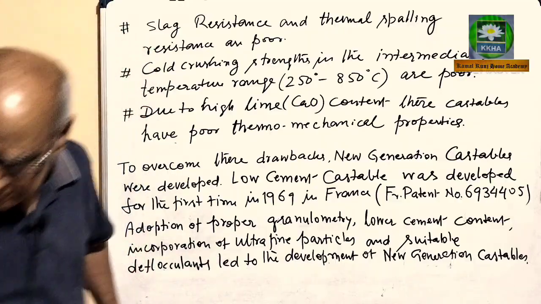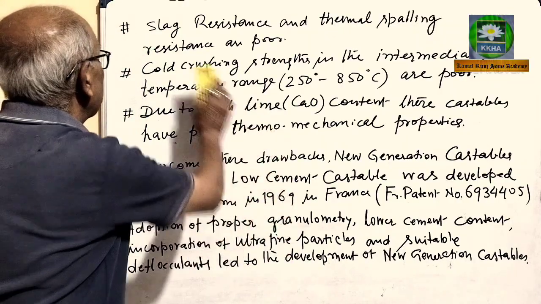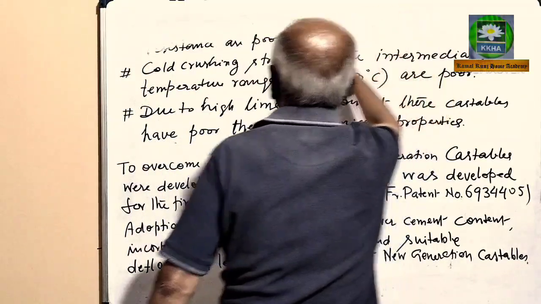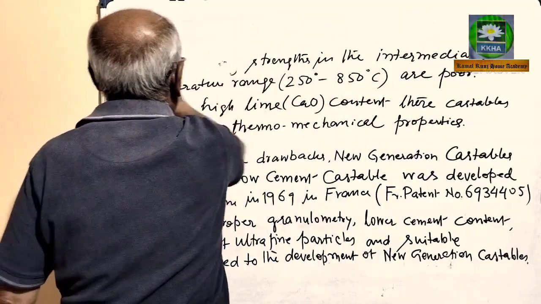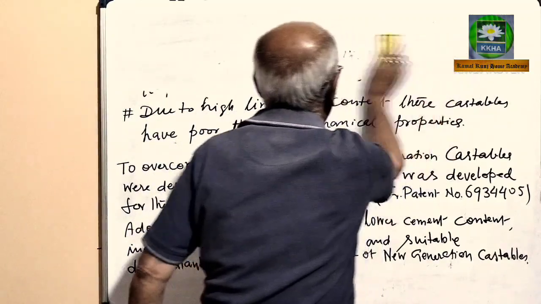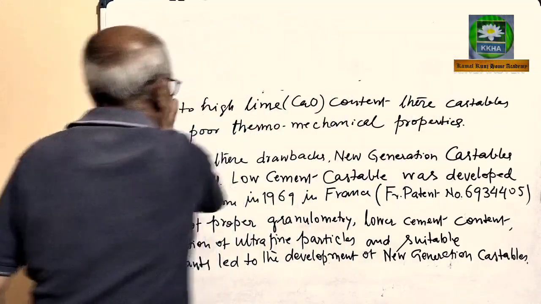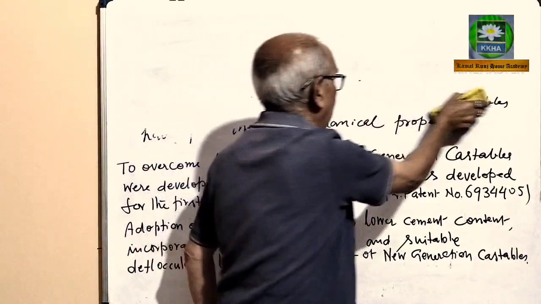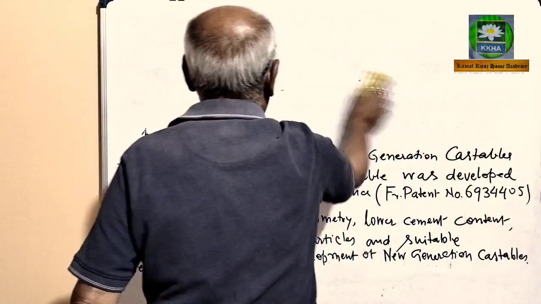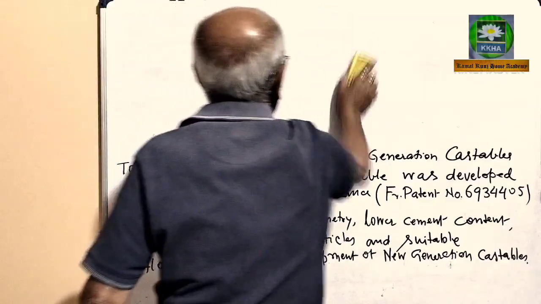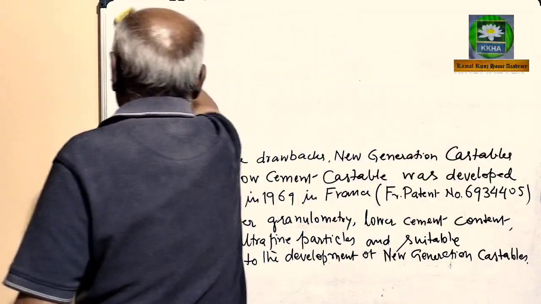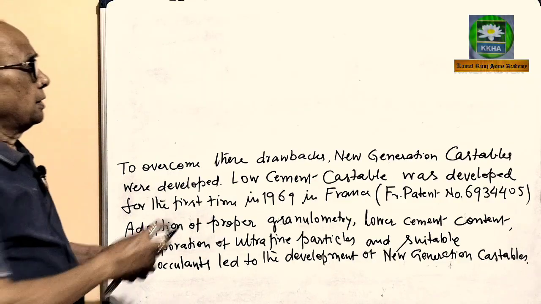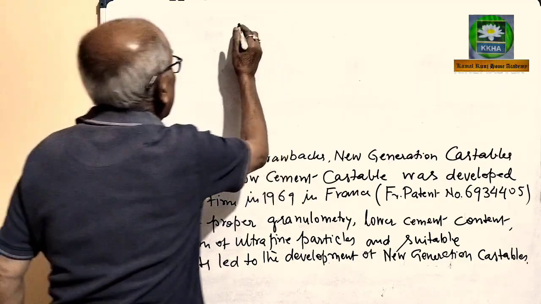Now the concept is that these refractory castables contain calcium aluminate cement.